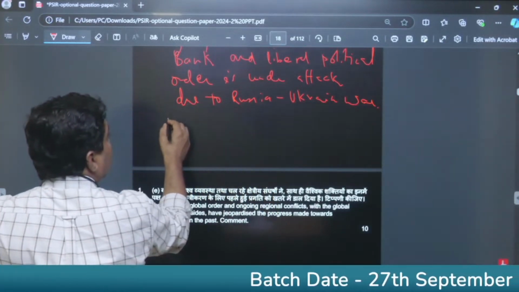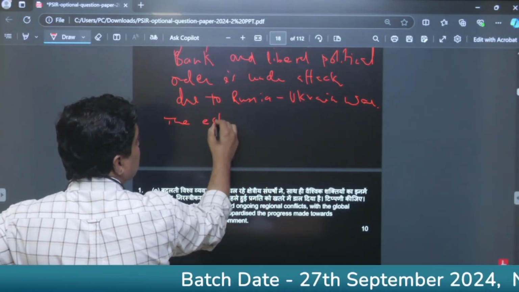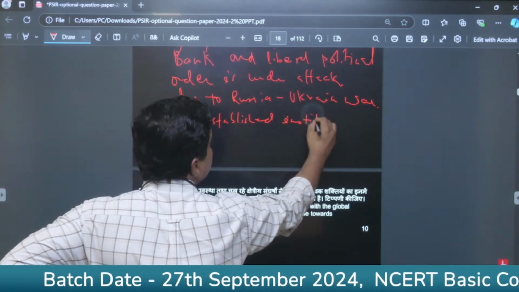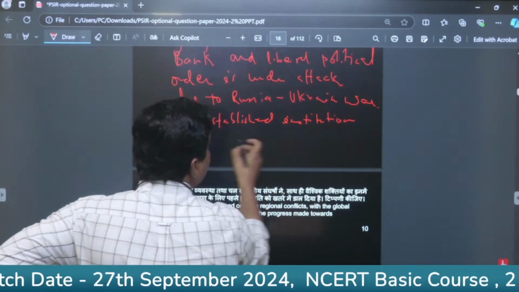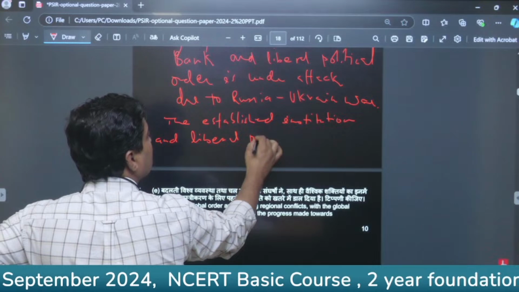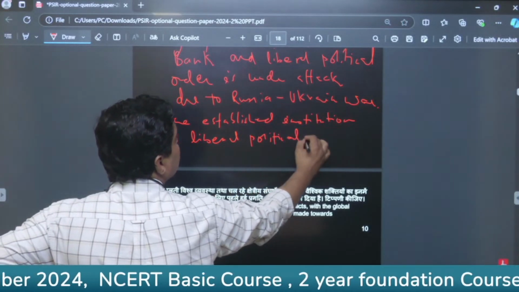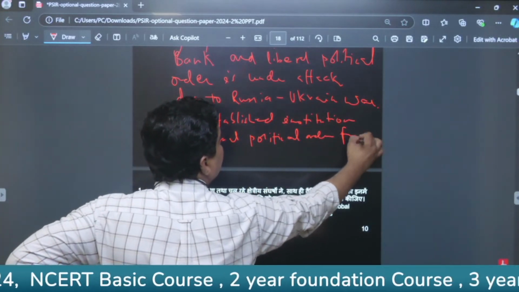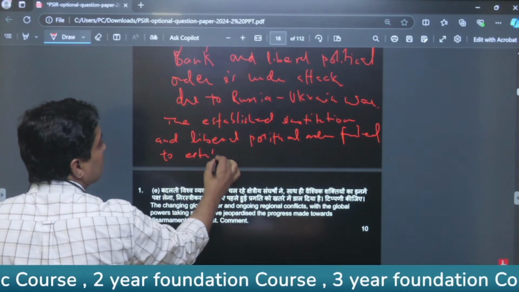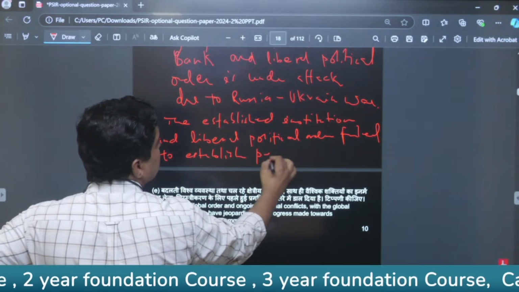The established institutions and liberal political order failed to establish peace.